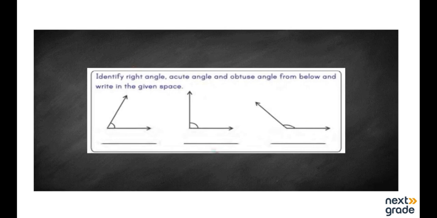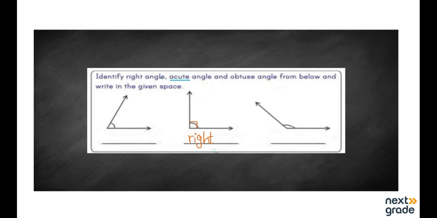All right, so let's move on to the next slide and look at these three types of angles. इसमें से now you have to identify which one is right angle, acute angle and obtuse angle. ठीक है, हमने अच्छे से डिटेल में डिस्कस कर लिया है, so we are gonna write it. सबसे पहले it's easier to find the right angle, so obviously two lines that are straight, this is where the right angle is formed, so we're gonna write over here that this one is a right angle. ठीक है, next we have the angle that is called acute angle.